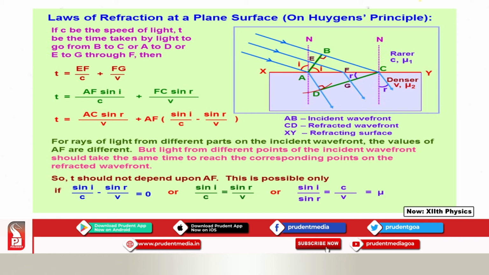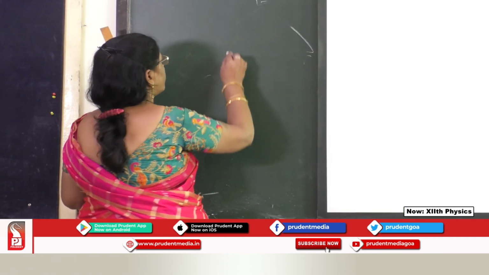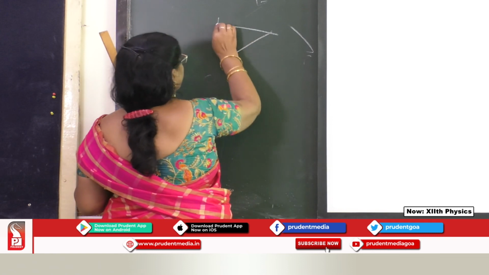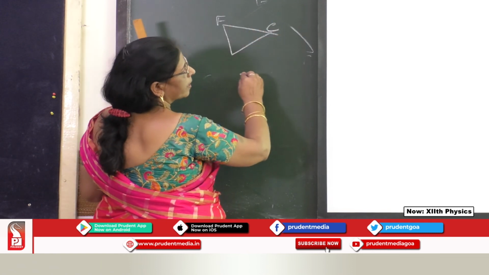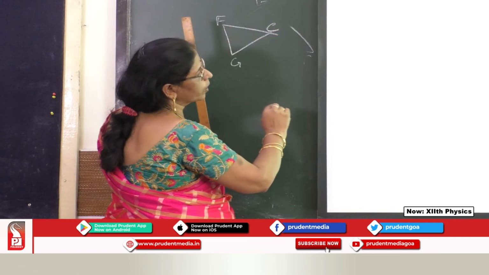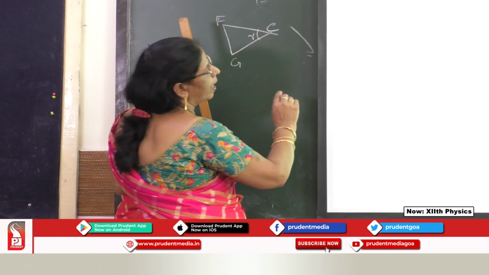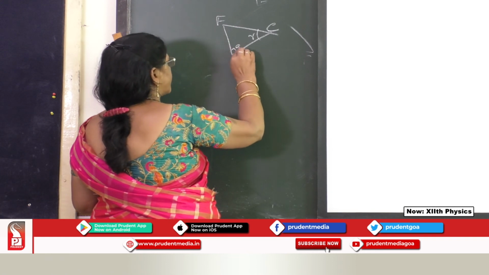In the same way, for FG, I am going to consider the next triangle over here, which is in the second medium, where we have F, C and this is G. Now this angle is R over here and this angle is equal to 90.